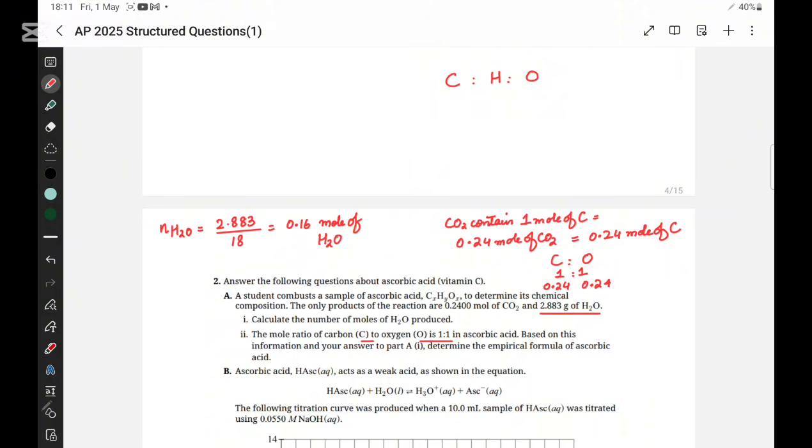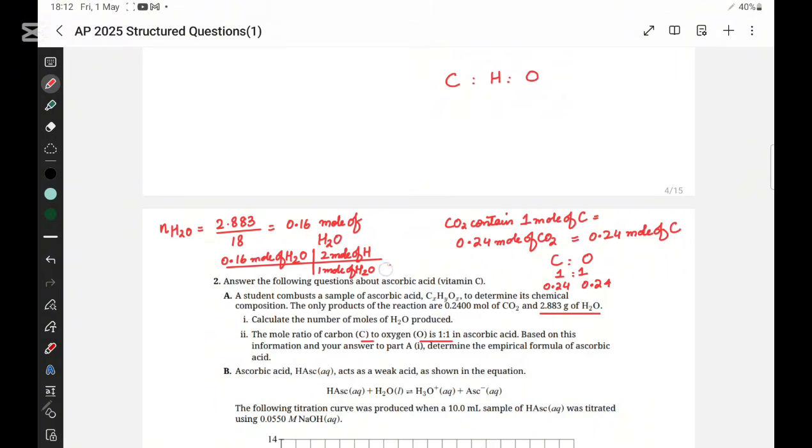Then let's find out the hydrogen from water. So we know one thing here, that we have 0.16 mole of water, and 1 mole of water contains 2 mole of hydrogen.